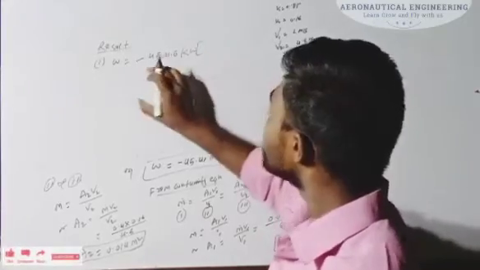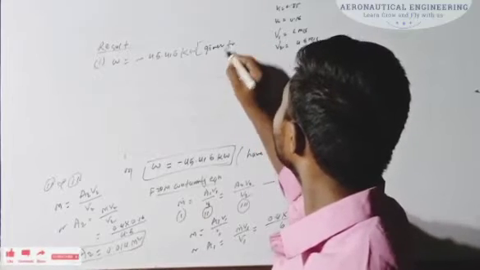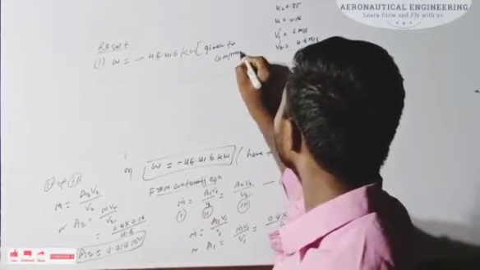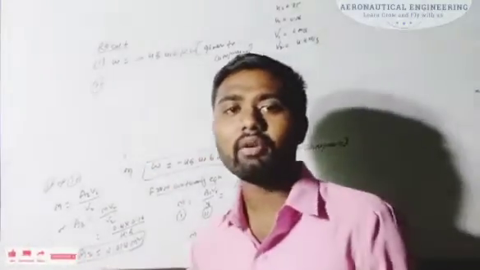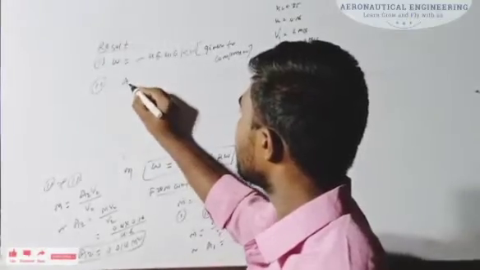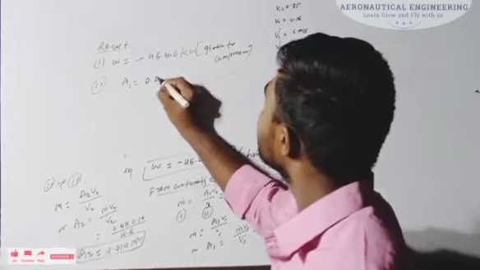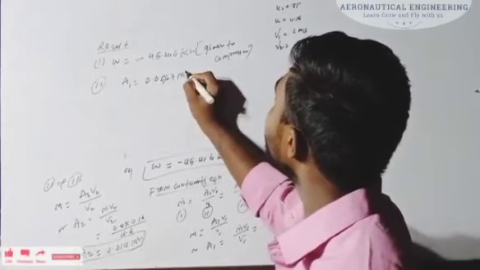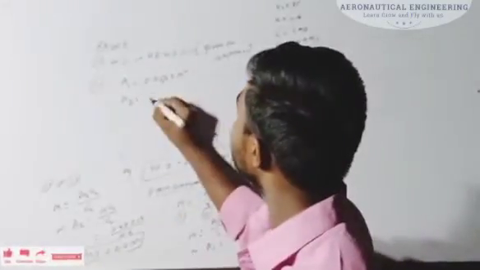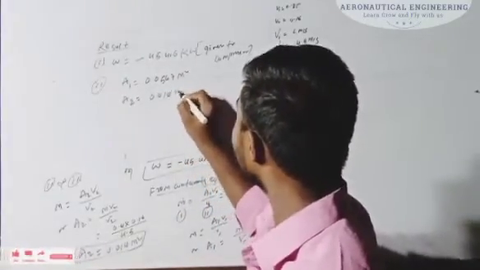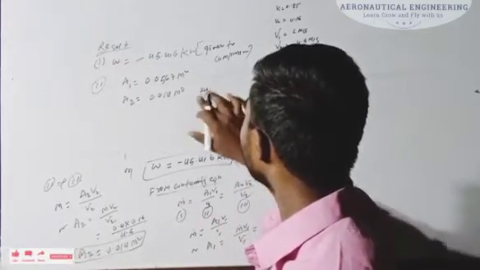This power is given to the compressor. Second, we have to find the inlet area A1 and outlet area A2. We already found A1 value is 0.0567 meter square and A2 value is 0.014 meter square. So this is the result and solution for the question.